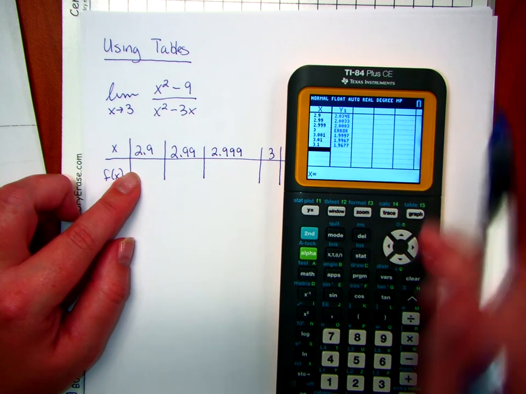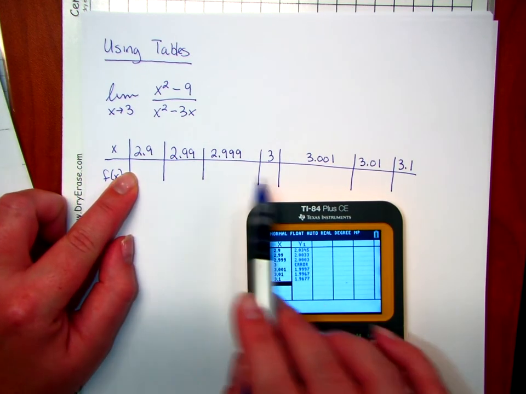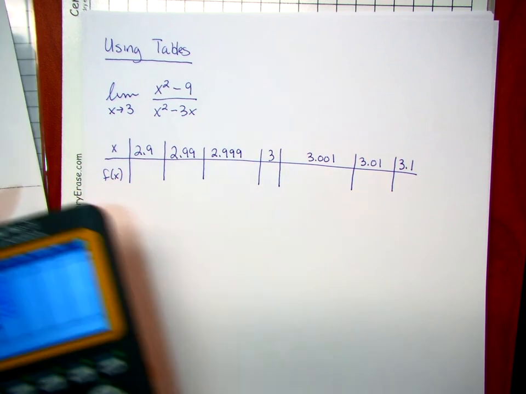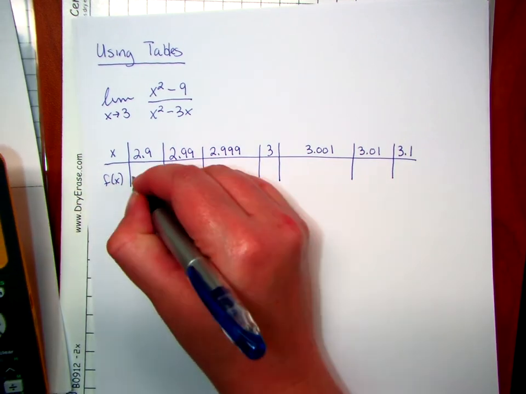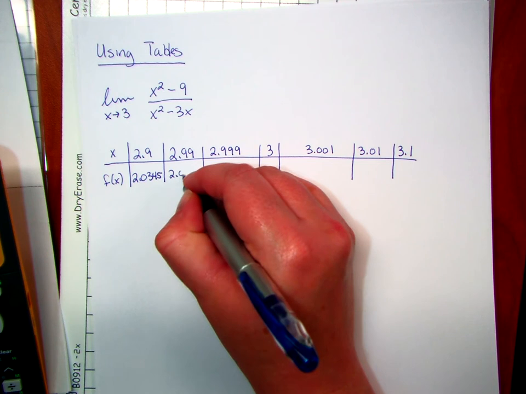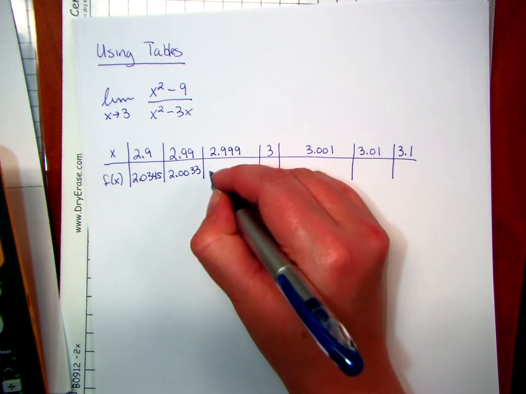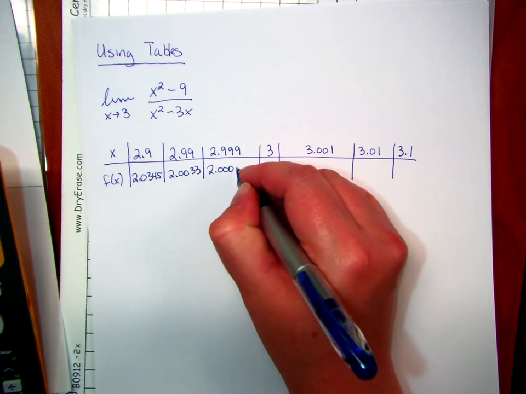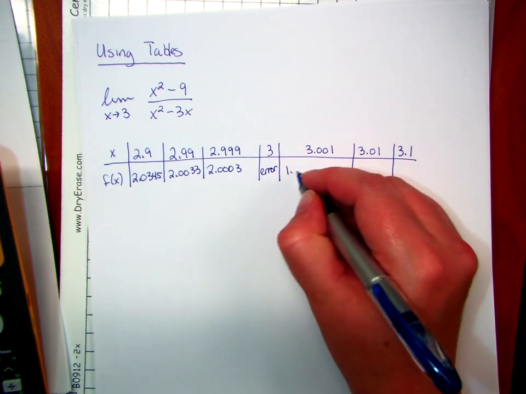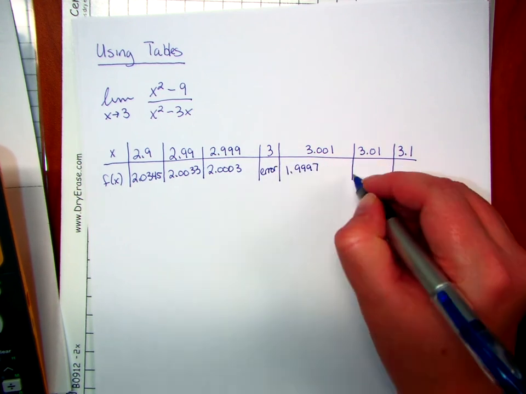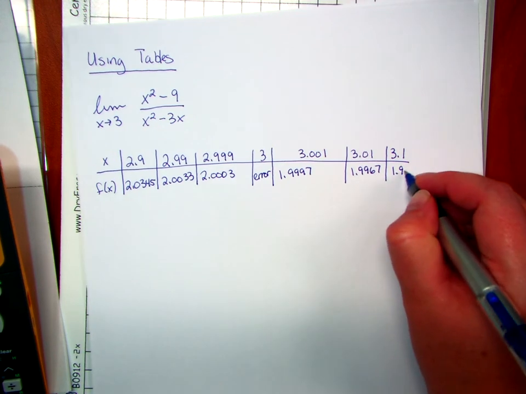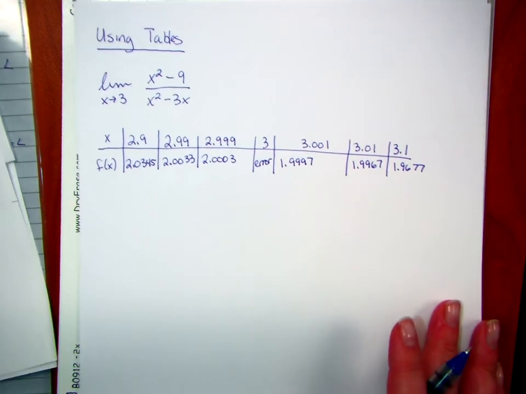So really quickly, I just plugged in all of these values, and so I'm going to copy these decimals into my table. All right, so here we go.